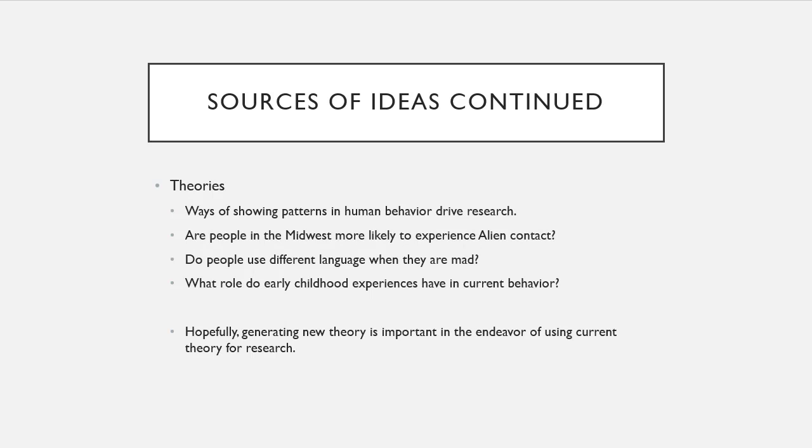So a source of an idea is some kind of theoretical approach. You learn about somebody's philosophy of life, kind of this theoretical basis for understanding the world. So we look at a pattern that's in human behavior. So how about this? Are people in the Midwest more likely to experience alien contact? That's interesting. We talk about things that are like parapsychological, like an alien observation or a UFO sighting.